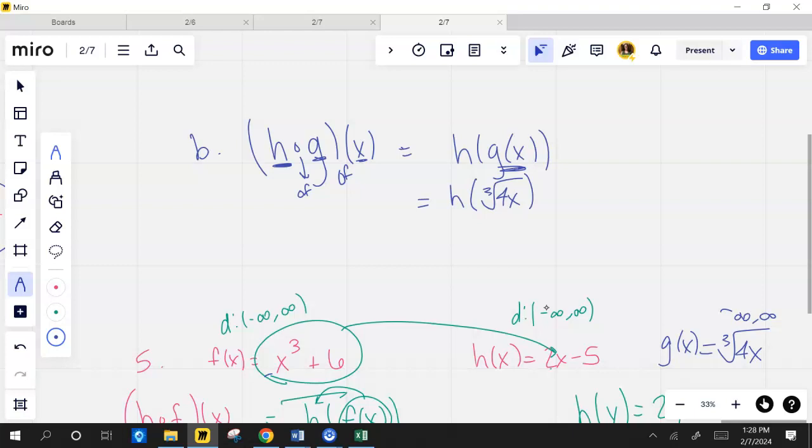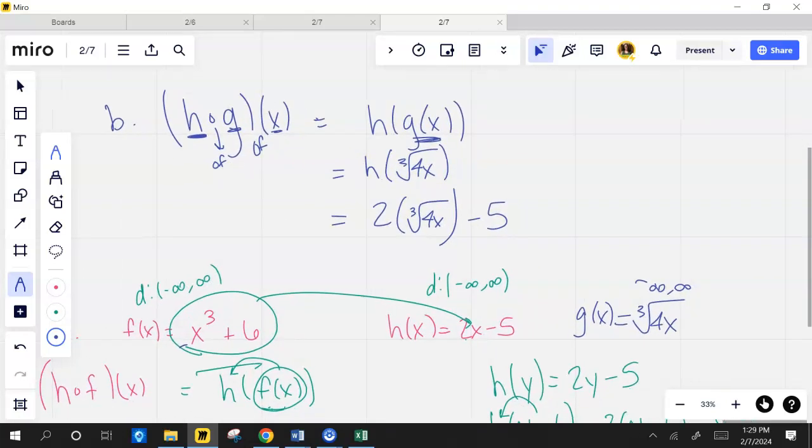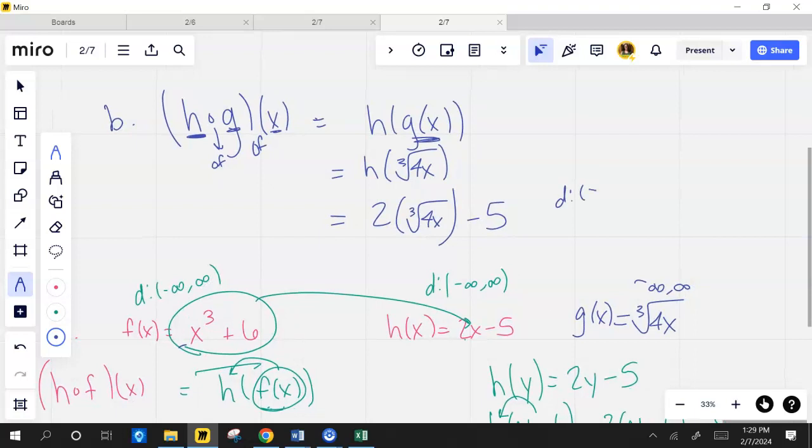So now, whenever I plug that into H, H is 2 times, and here's what I'm replacing X with. Whoa, whoa, whoa, that's how they always work. That's a cube root, though.